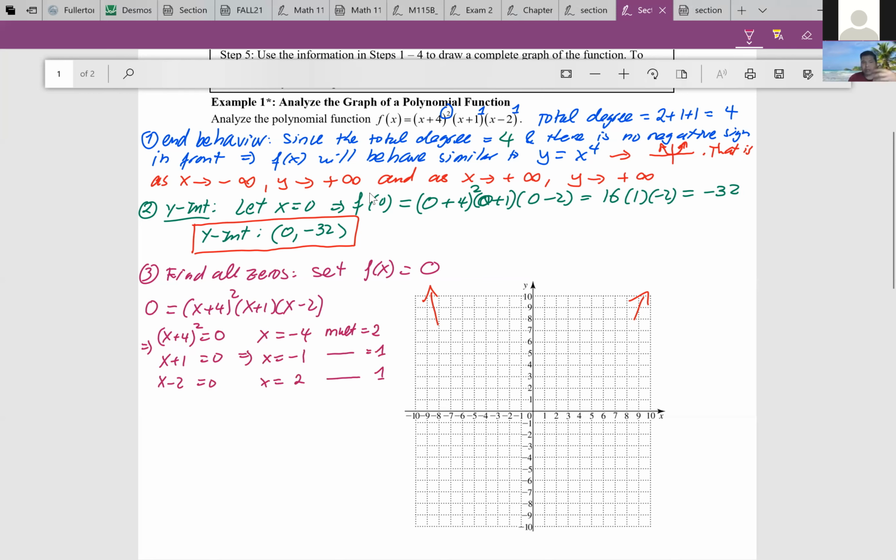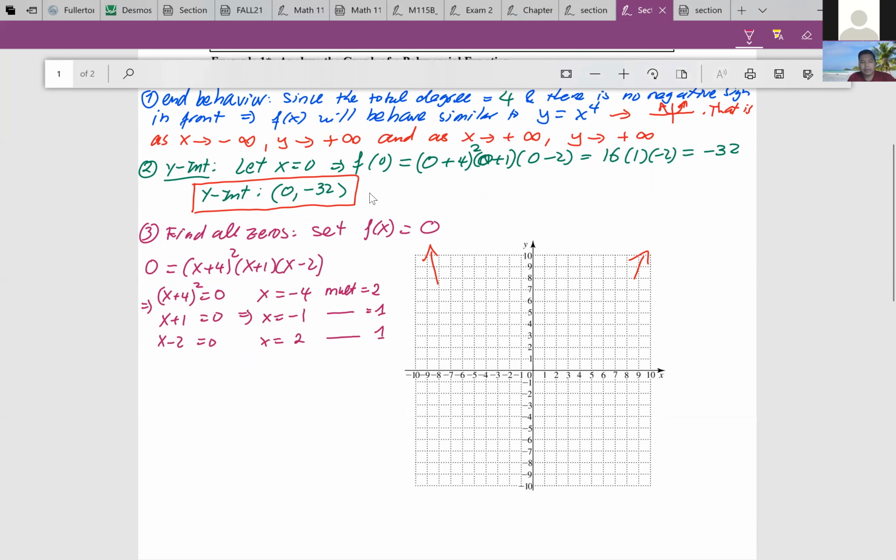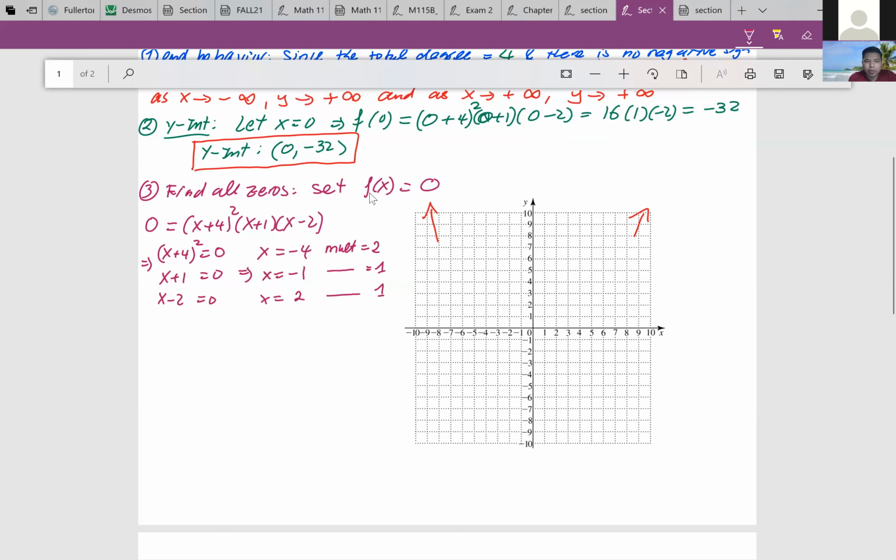Okay, so because of the multiplicity, I know exactly how it will behave, right? I know for sure at x equal to negative 4, f of x will touch the x-axis and behave similar to y equal to x squared, a parabola.